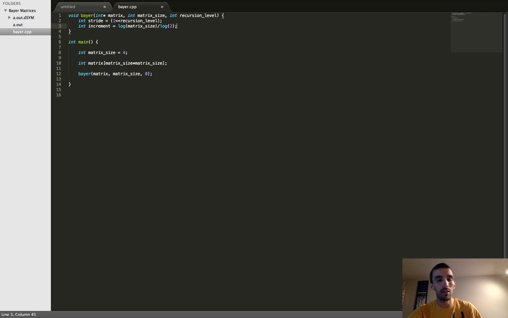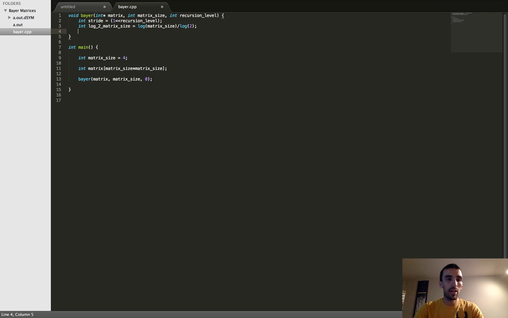So log base 2 of matrix size is that, right? And then I can calculate my increment by saying 1 left shift log base 2 matrix size minus recursion level minus 1. But this is not a very efficient way of doing it.